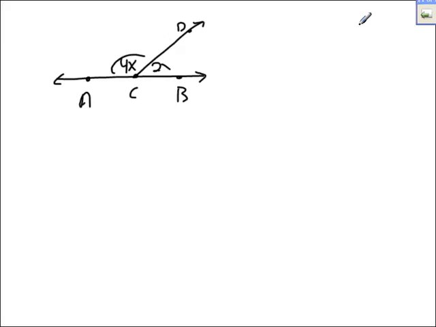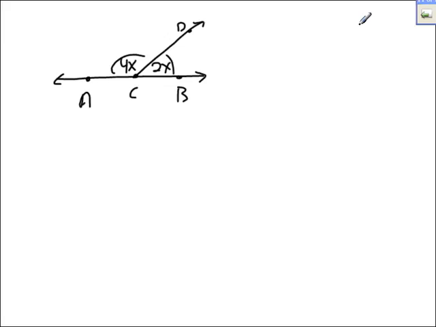Suppose I give you a nice figure. You have point A somewhere on the line, point B on the line, a point C, and a point D. And maybe we call this 4x, and we call this 2x.